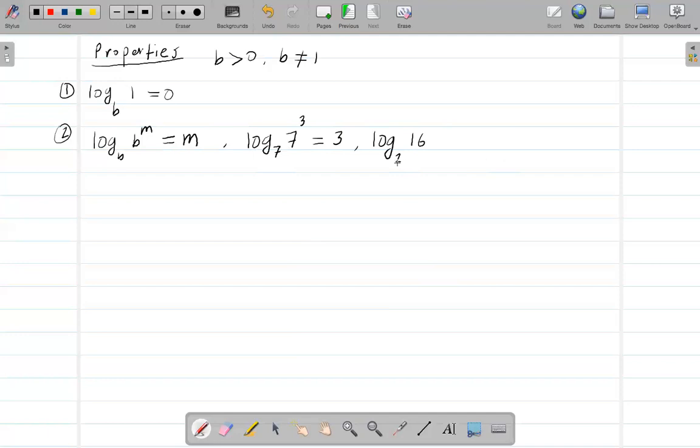Here we have a 2 and a 16, but we can change 16 to 2 to the power 4. So this is also log base 2 of 2 to the power 4. Now we have the same two numbers, 2 and 2, so the value of this whole thing is 4.